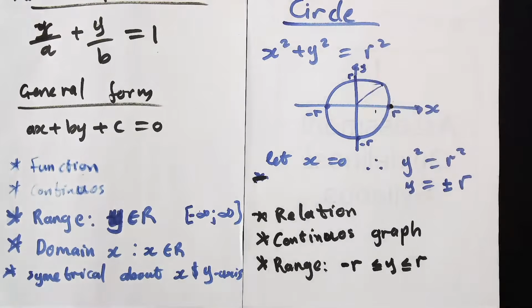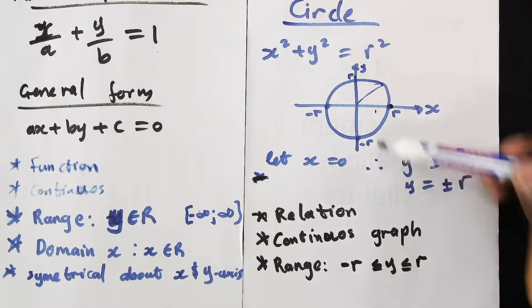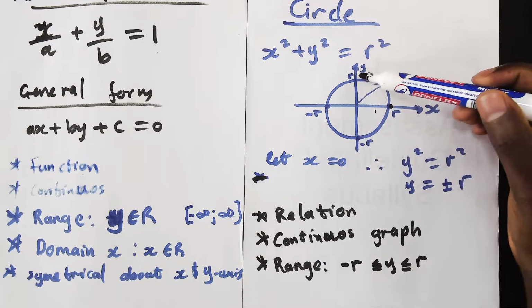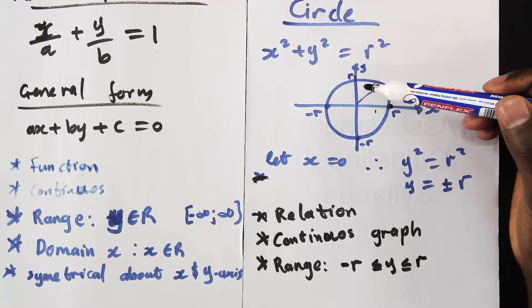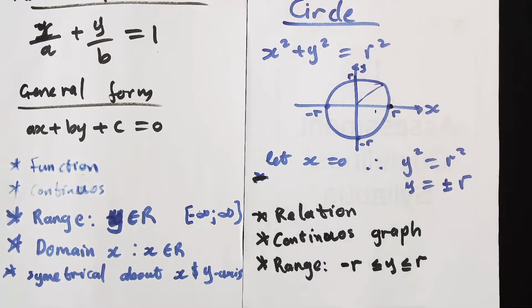If r was 4, it must be between negative 4 and positive 4, so y must be greater than or equal to negative 4 and less than or equal to positive 4. That's how you can express it.